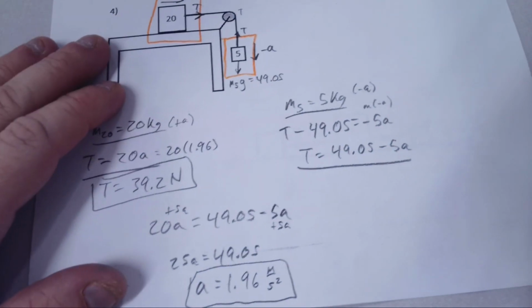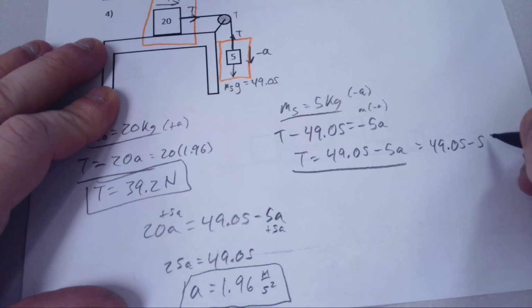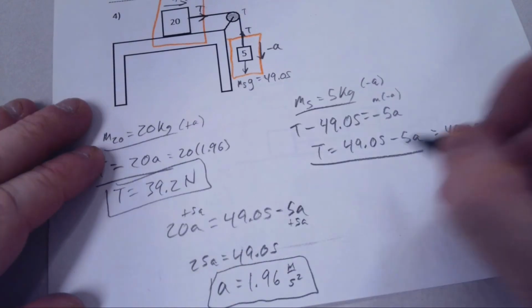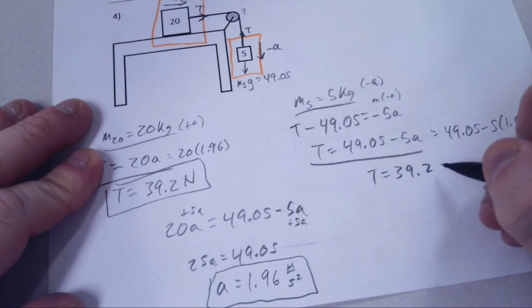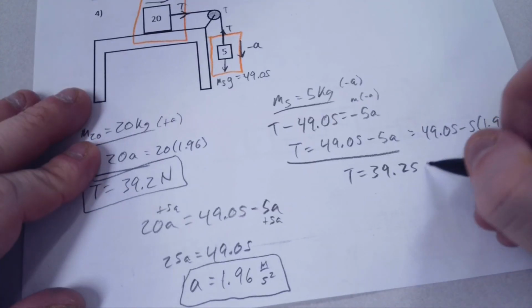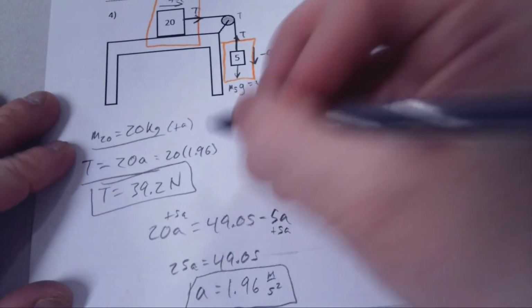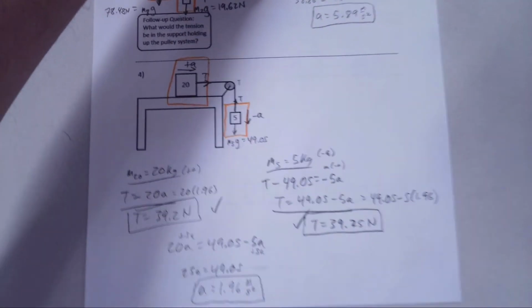And then over here, this is going to be 49.05 minus 5 times 1.96. And this is 39.25. So once again, our tensions, even though we rounded, they're coming out within a tenth or a couple tenths of a unit. So that is good. That confirms that both of those are good to go.